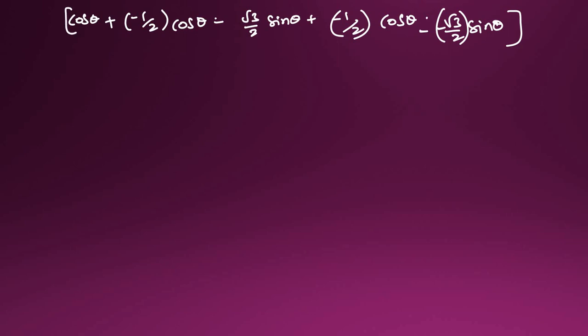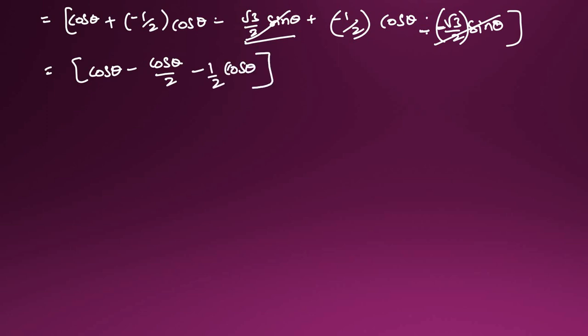So LHS is equal to cos theta will remain, so this is minus cos theta divided by 2 will come. This root 3 by 2 into sin theta, this is minus into minus, this minus will become plus, these two will get cancelled here. Again minus 1 by 2 cos theta will remain.